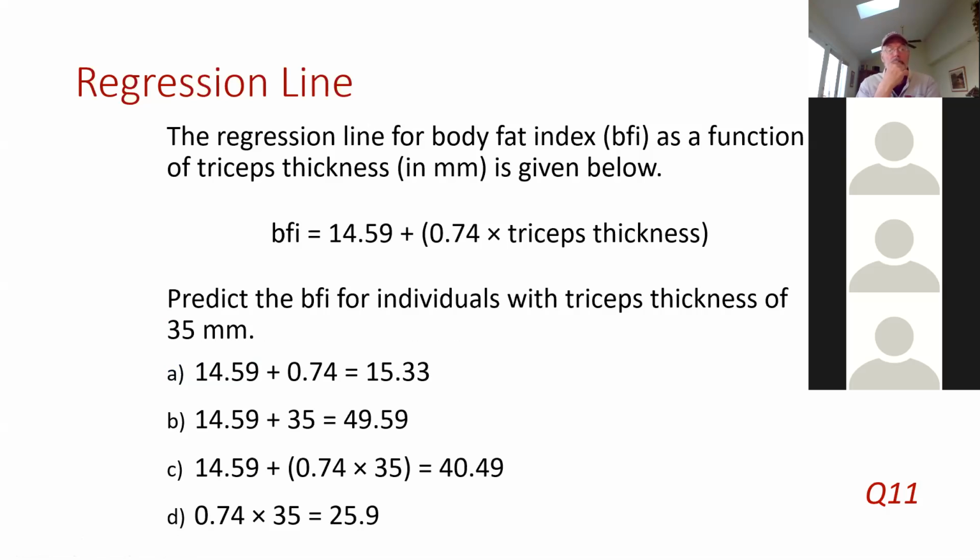Okay, here is another situation. Predict the BFI for individuals with triceps thickness of 35 millimeters. I got C. You got C?